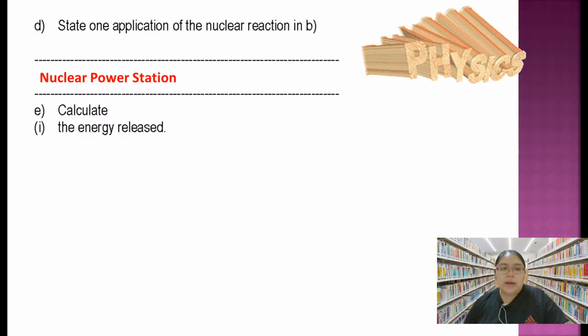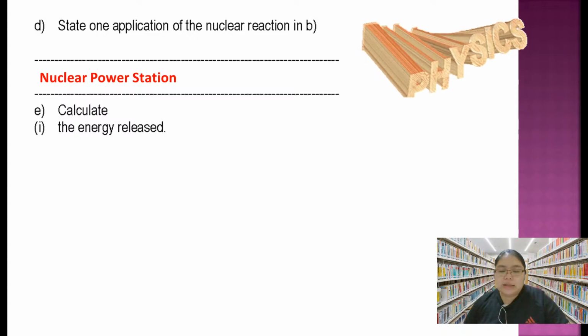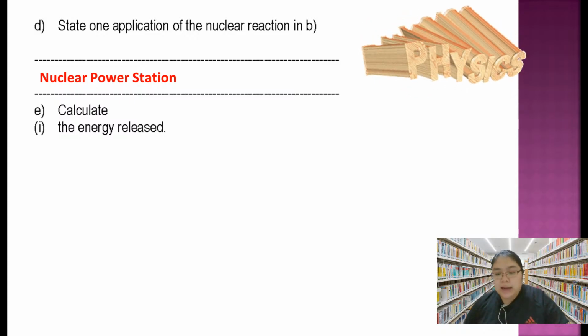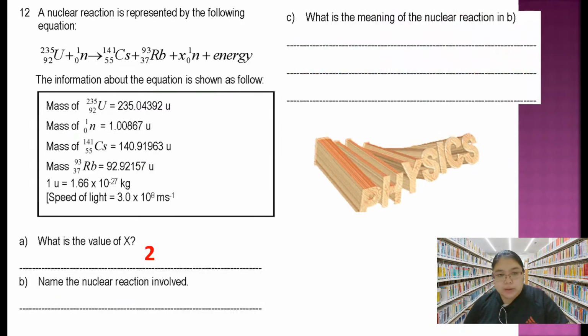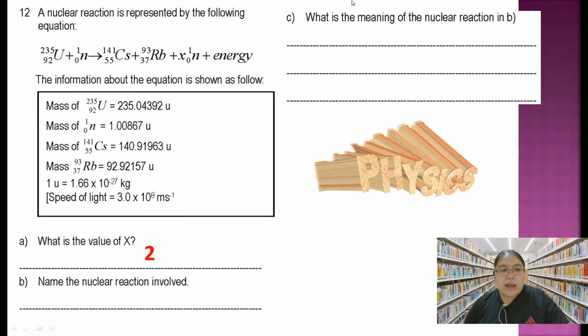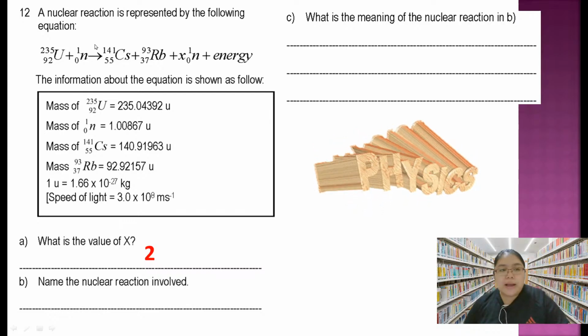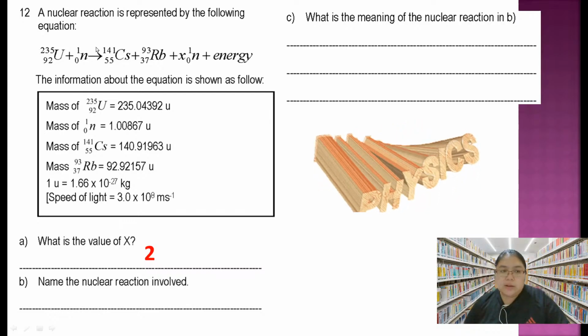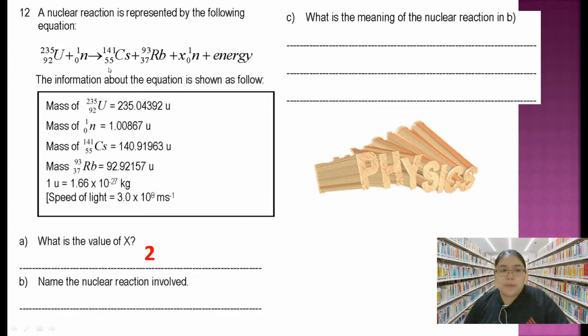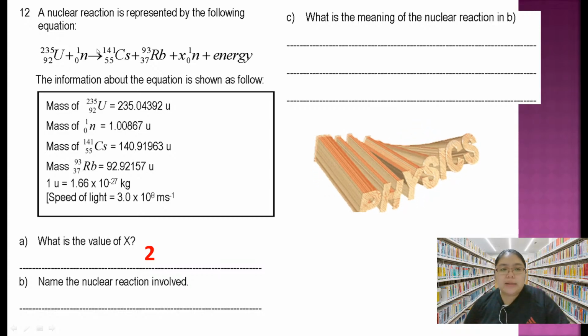Now you need to calculate the energy release. Let me explain first. To calculate the energy release, you need to calculate the mass defect first. Find the total mass before, then minus the total mass after.